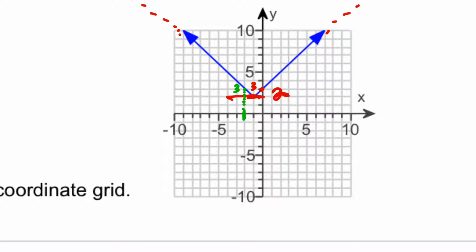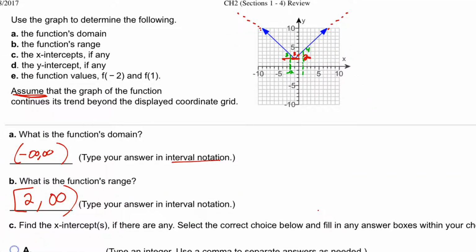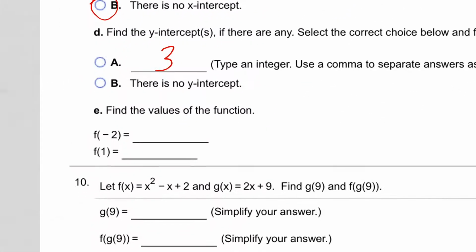And for 1 is right there. We're going to go up, and that is a 4. That's how high the function is at those two locations. So the first answer is 3, and the next answer is 4.